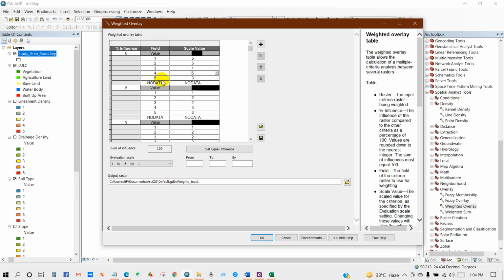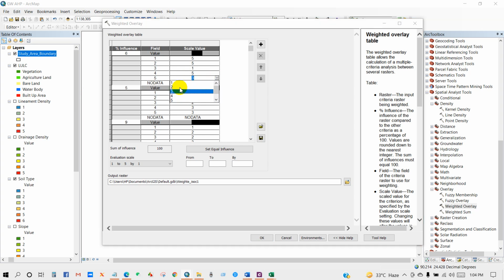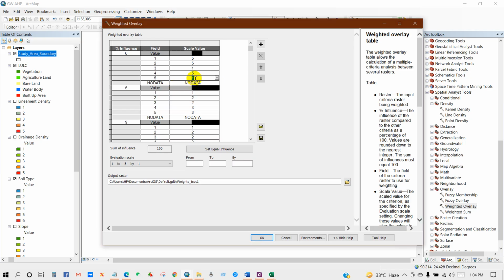And the last one, built up areas. For built up areas, I will give the lower rank, I mean 1.